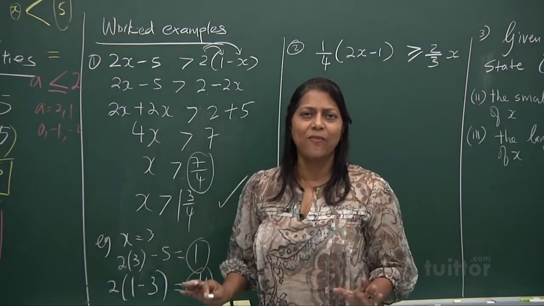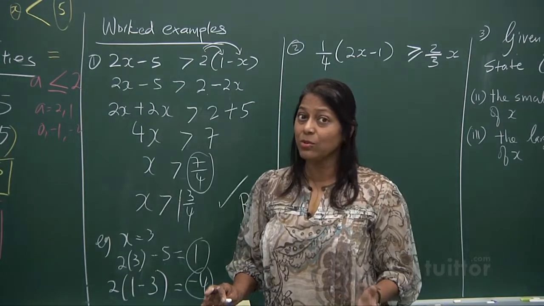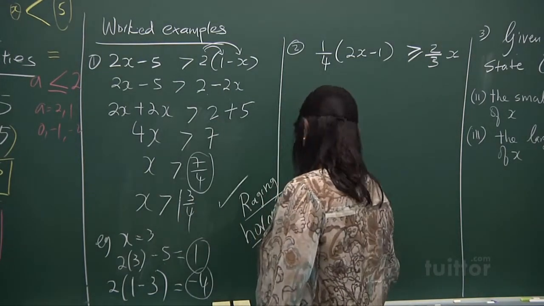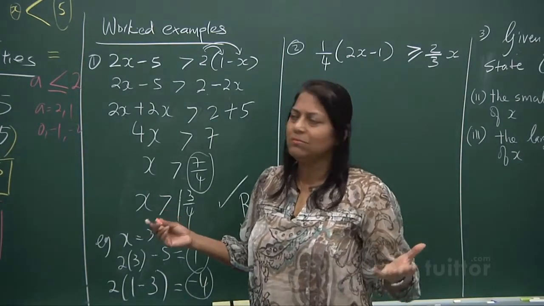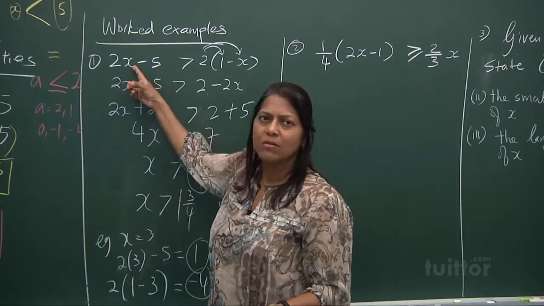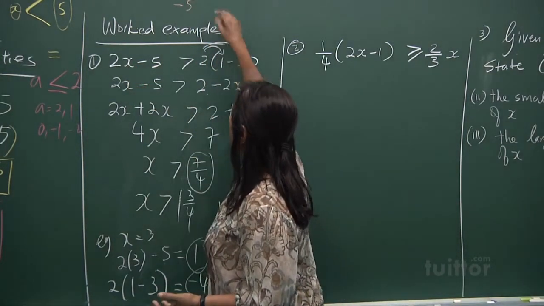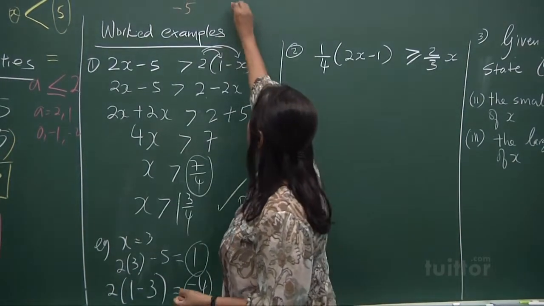Let's take another value. What number do you like? You want to take a minus 2? Because you said, okay, is it true? Let's take a number that's smaller than this number. Or take a 0. 2 times 0, 0. 0 minus 5, minus 5. Now you put 0: 1 minus 0, 1. Times 2, 2.